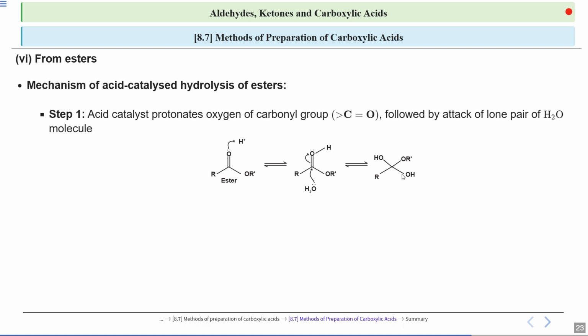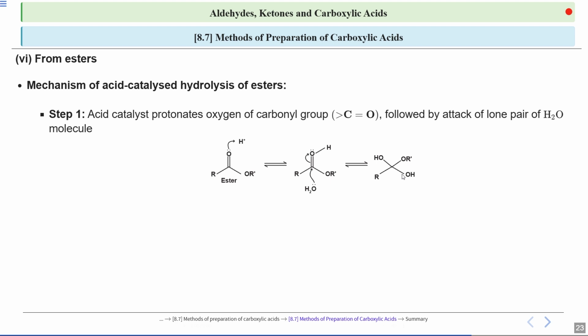In step 1, the acid catalyst plays a crucial role. How? It protonates the oxygen of the carbonyl group, which is the C double bond O part of an ester. This makes the carbon more electrophilic, meaning it is more likely to be attacked by a nucleophile. So what is the nucleophile in this case?